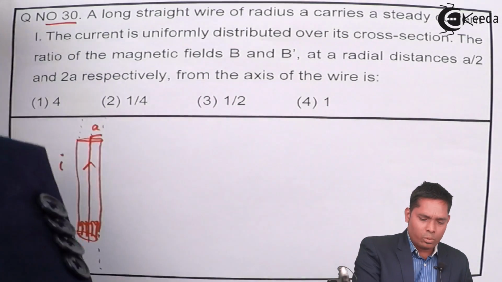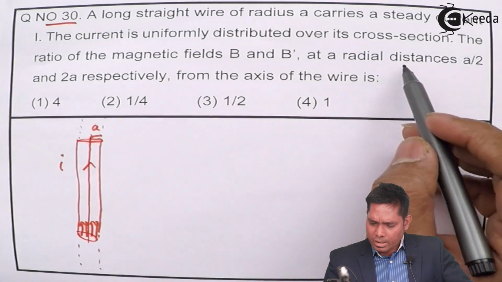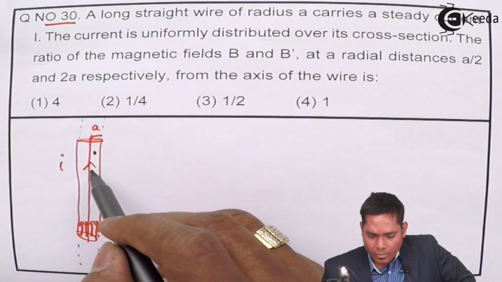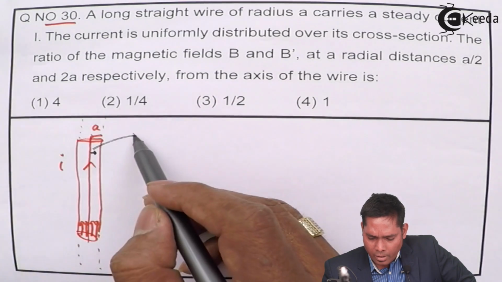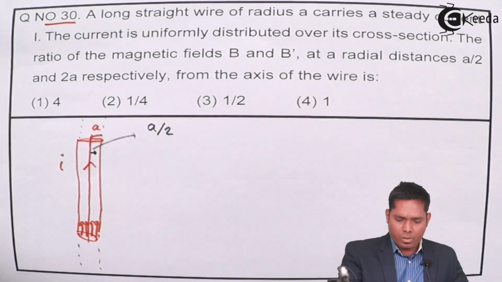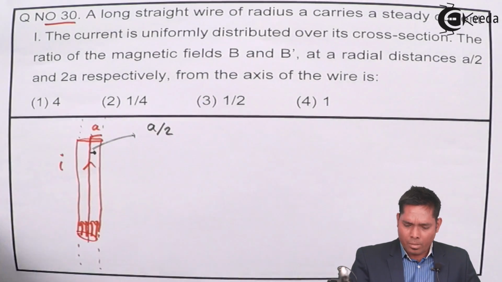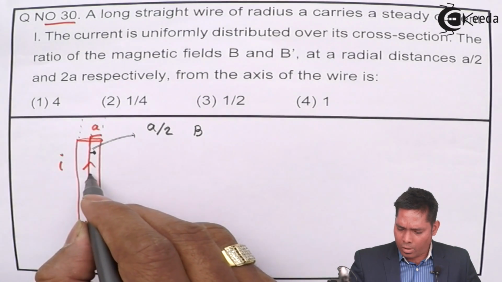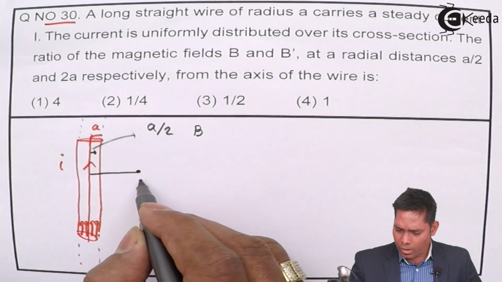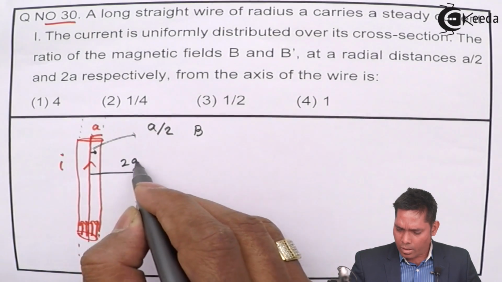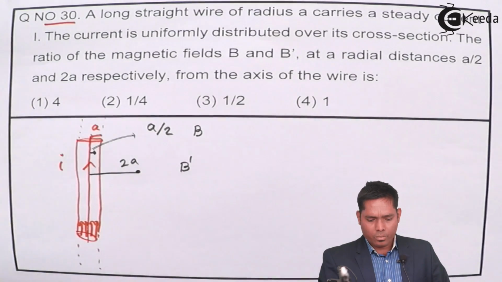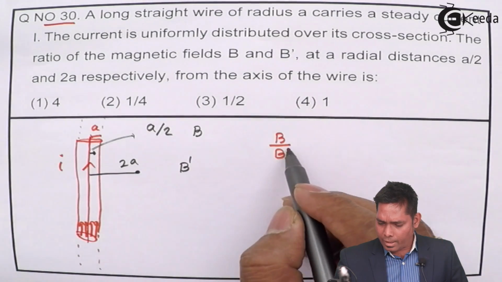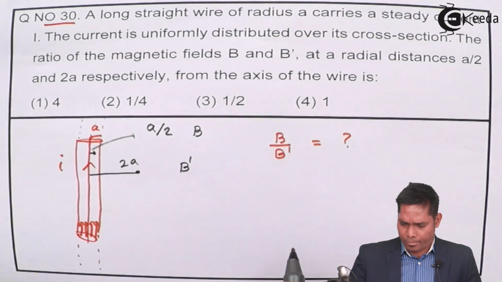One position is half the radius, A by 2, and at this point the magnetic field is B. At a distance of 2A, the magnetic field is B dash. Our aim is to find the ratio of B over B dash.